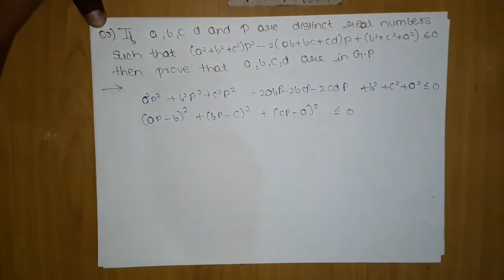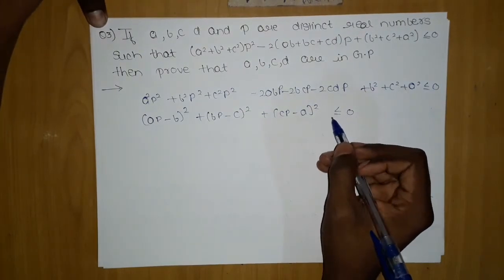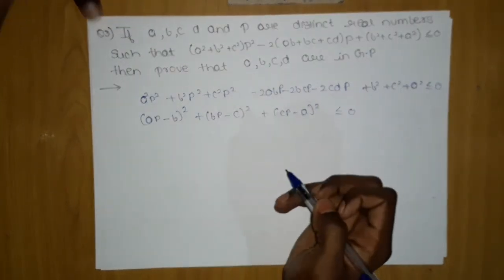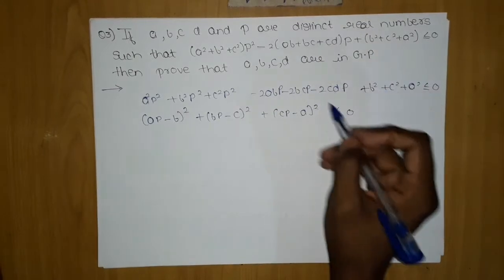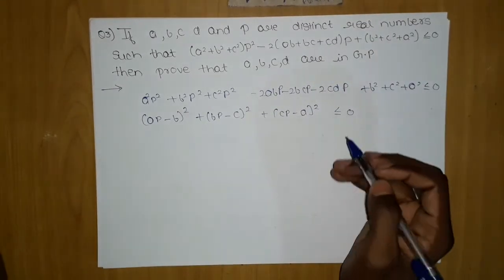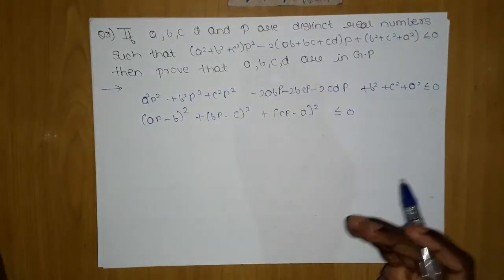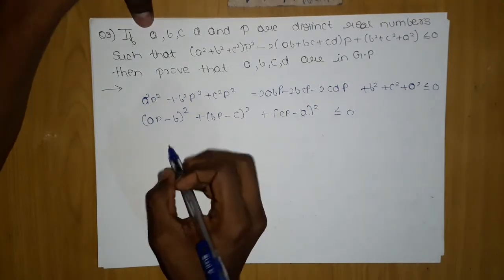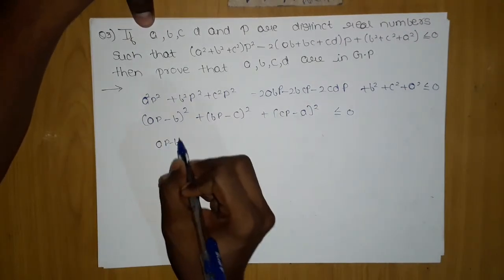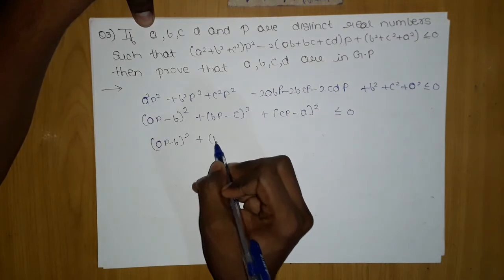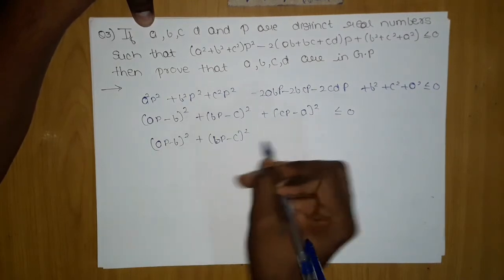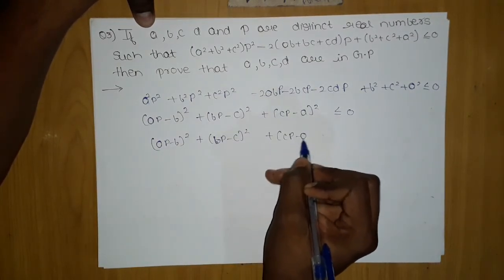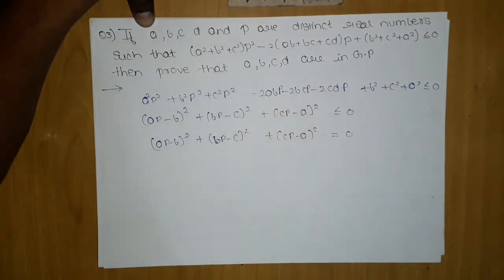Now, can a sum of squares of distinct real terms, a square plus b square plus c square, where a, b, c are real and distinct, be less than 0? No, not possible. So (ap minus b) square plus (bp minus c) square plus (cp minus a) square can only be equal to 0.